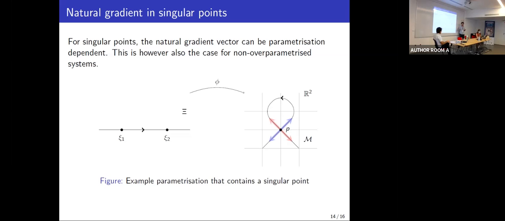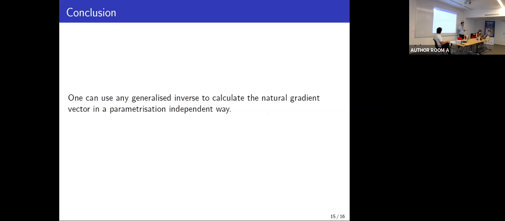But the same as for the previous point, this is also a problem in the non-overparameterized setting. So there are no additional problems with going to the overparameterized setting, and that's also the conclusion of the presentation. One can use any generalized inverse to calculate the natural gradient vector in a parameterization independent way. Thank you for your attention.